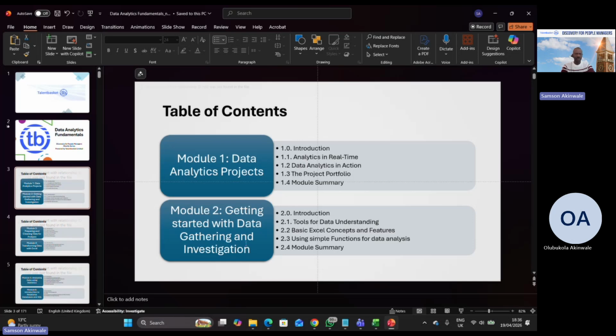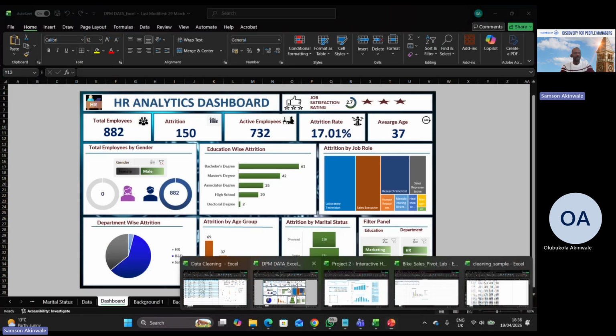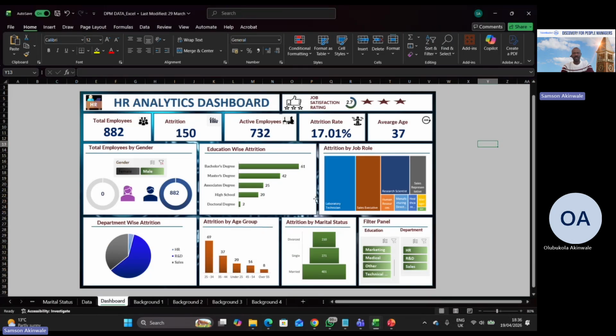Then for module 2, we had reasons to visit the basics of data analytics, especially starting with the use of Excel, because as at the time we got to build this particular dashboard you are seeing on the screen, a couple of cases came up, and the request was around, okay, how do we ensure we are able to take advantage of all the available features in Excel to build dashboards themselves.